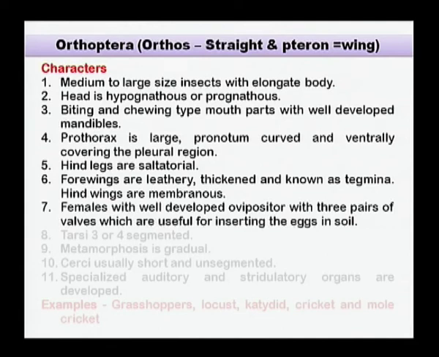Females have a very well developed ovipositor, and there are 3 pairs of valves present in the ovipositor. Here the ovipositor has been well developed because these insects prefer to lay their eggs in the soil.